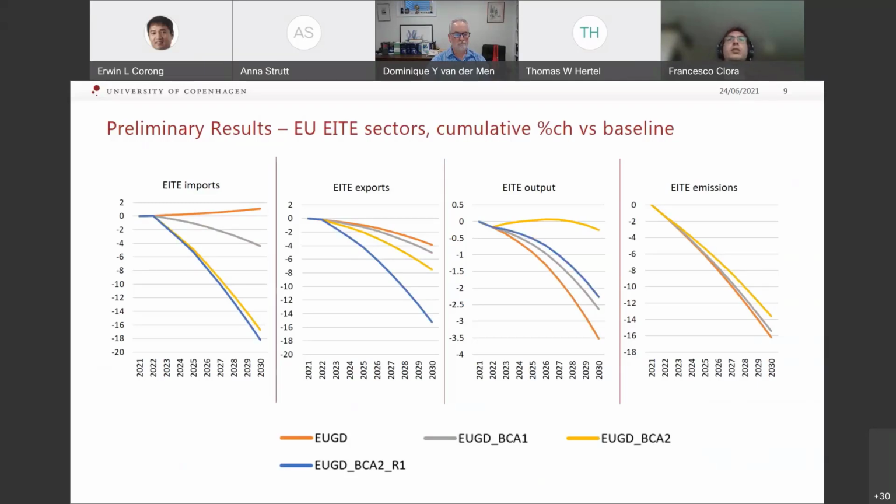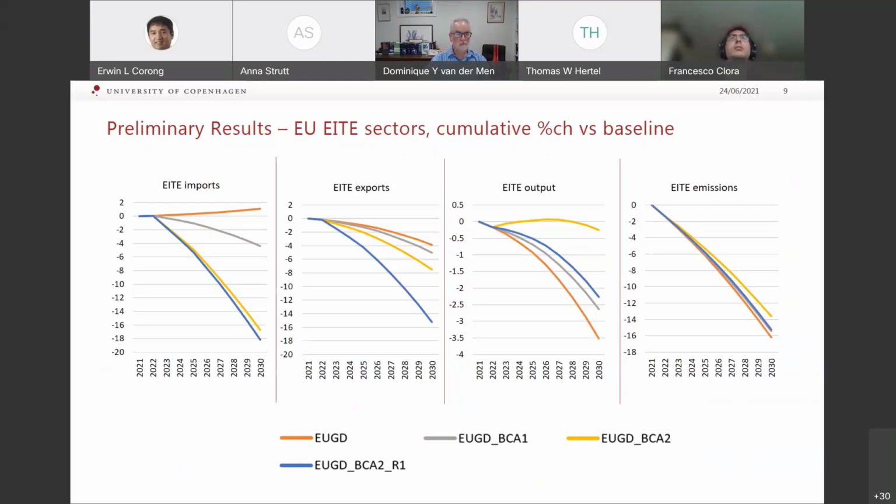The output of EU IT sectors is now reduced more than in the case where we have only the aggressive border carbon adjustment, but is still less reduced than in the scenario with the WTO compatible border carbon adjustment. IT emissions are reduced by 15%, and the leakage rate is now a bit higher, at 40%.